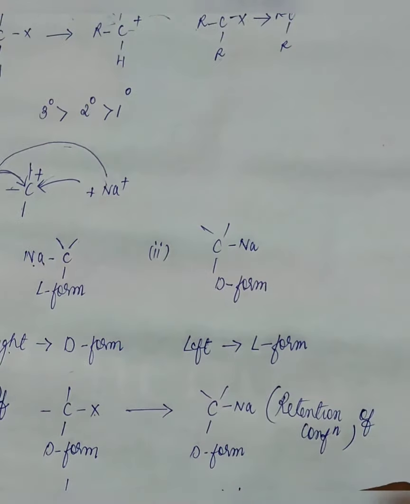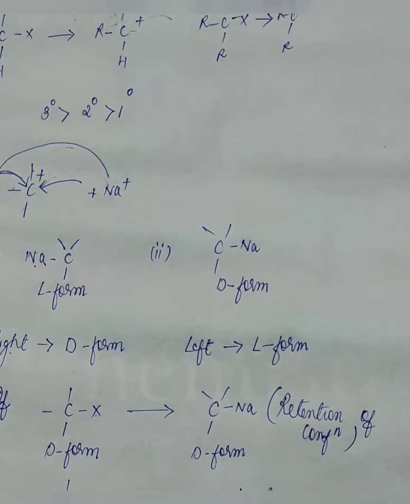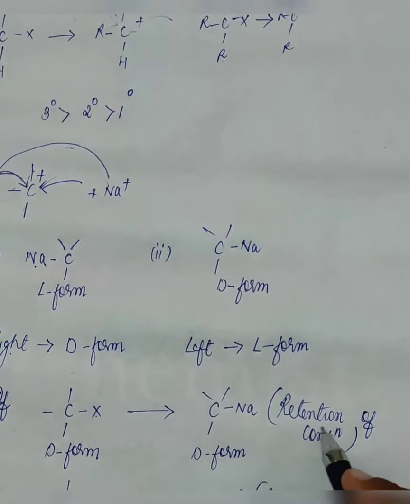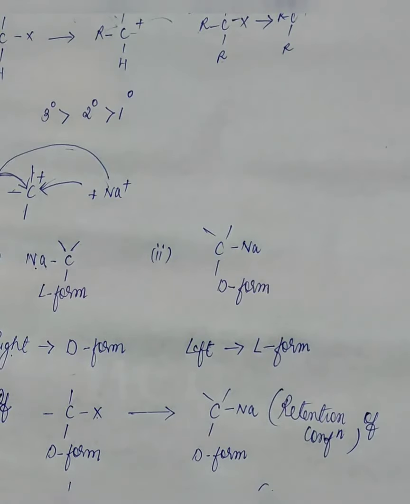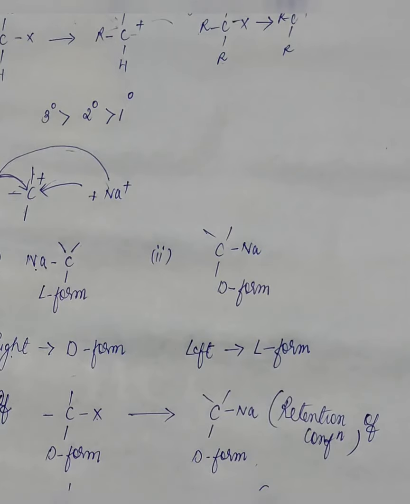So here it is known as inversion of configuration. What is this configuration? D form, L form, these are known as configuration. Now if both the forms are possible, D and L form, we will get an equal mixture of D as well as L form.